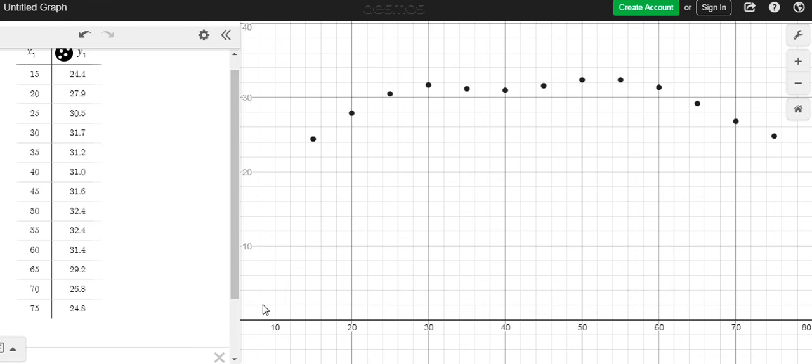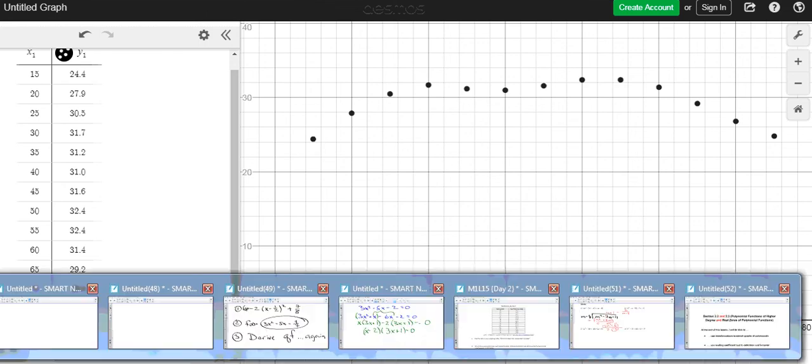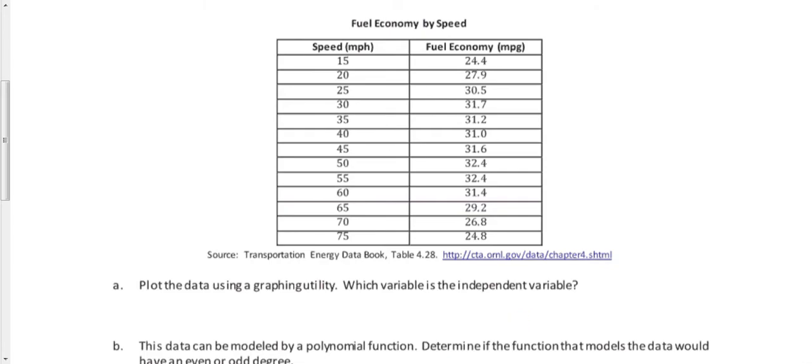The next question asks, is the leading coefficient of the polynomial that we can use to model this data positive or negative? We haven't gone over this yet, but think about this. I want to add something here.